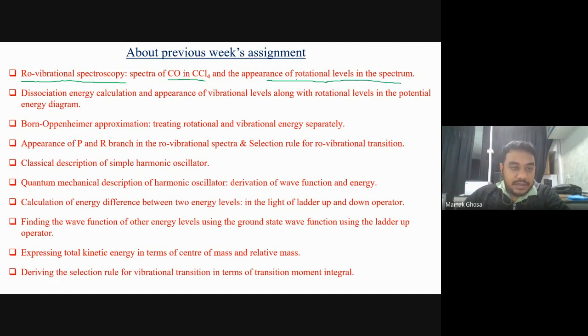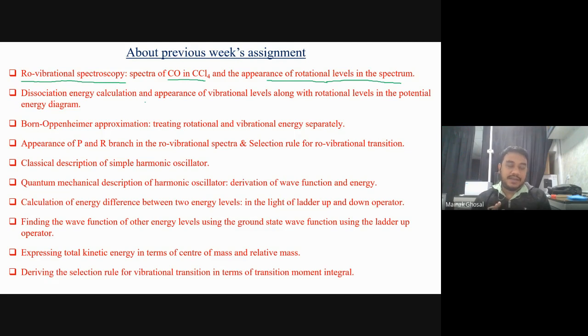Then from that, dissociation energy was calculated, and the appearance of vibrational levels along with rotational levels in the potential energy diagram was discussed: in every vibrational level, there are some rotational levels associated with it. All the calculations were done considering the V equals 0 state as the ground state and the V equals 1 state as the excited state.